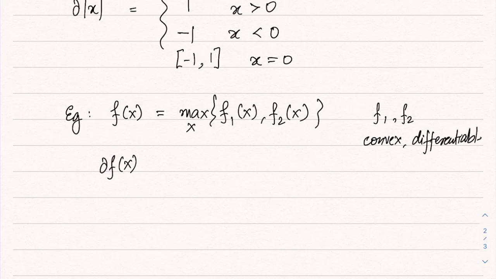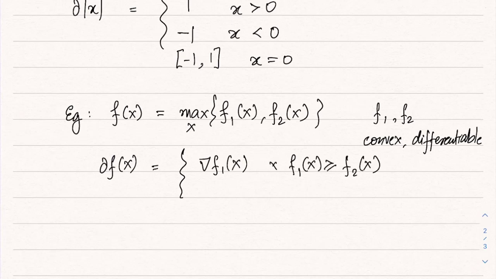If f1, f2 are convex and differentiable, then the subdifferential is clearly the gradient of f1 of x for all points where this function takes the value f1 of x, right? So at all points where f1 of x is strictly greater than f2 of x, it is the gradient of f1 of x.